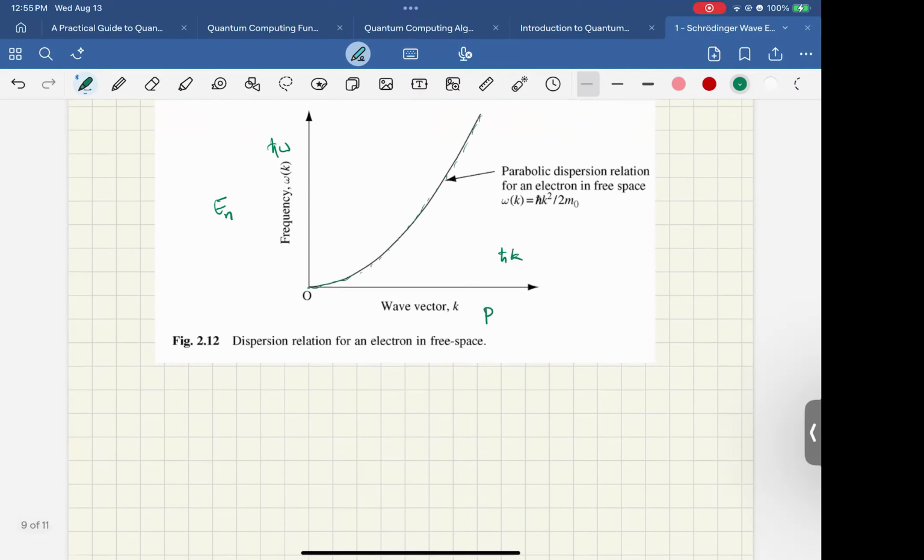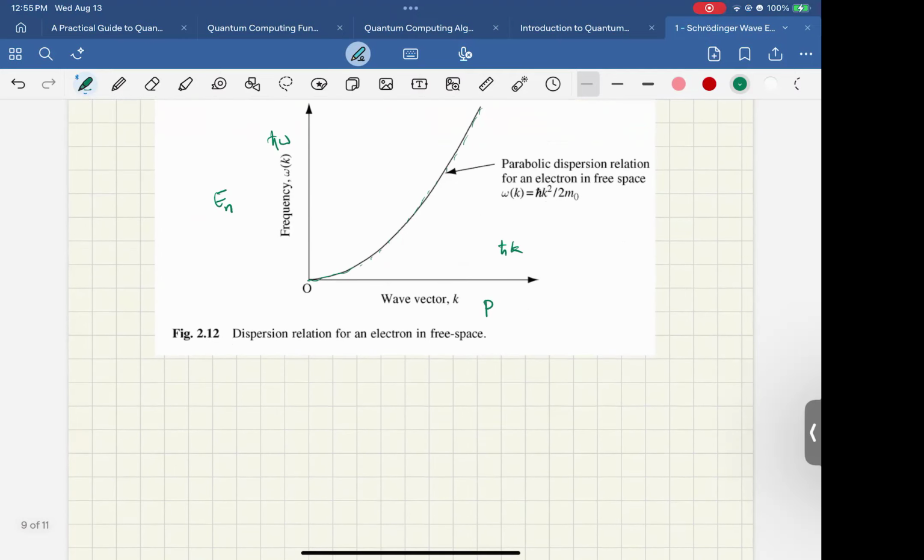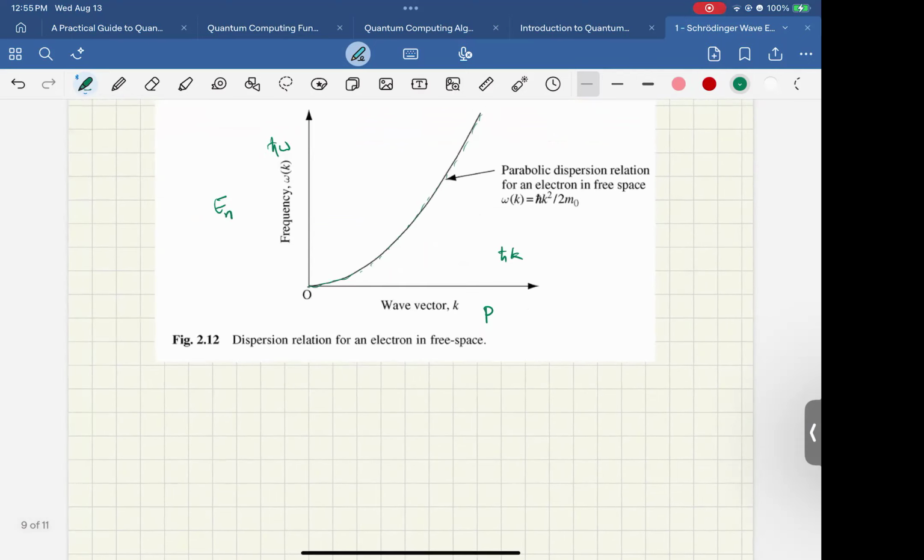So sa quantum physics, yung quantum of light is called a photon. And then yung quantum of vibration is called a phonon.